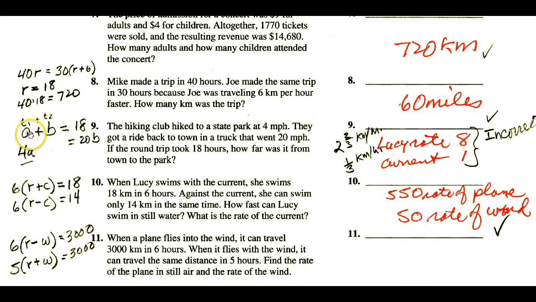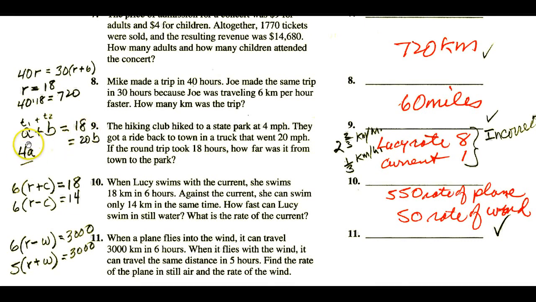And we're saying that the first part of the trip we're going to call A, and that was your trip first part. And the second part on the bus, that would be B. And we know that A plus B equals 18.